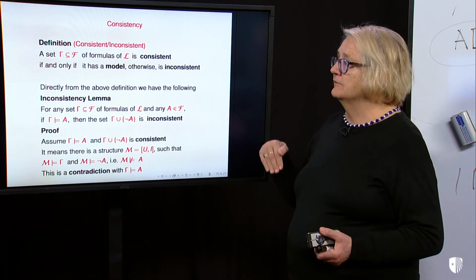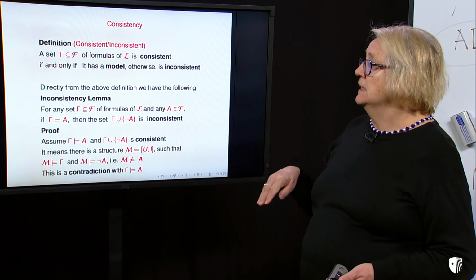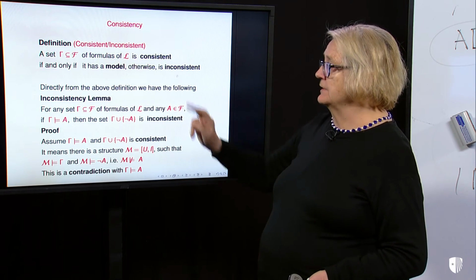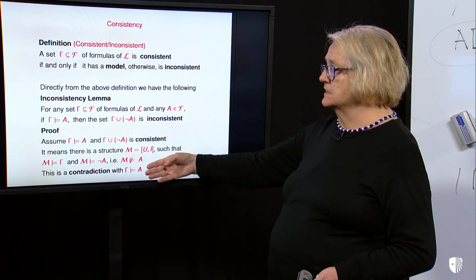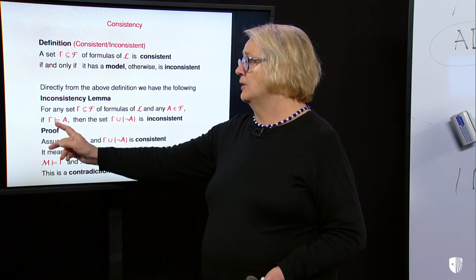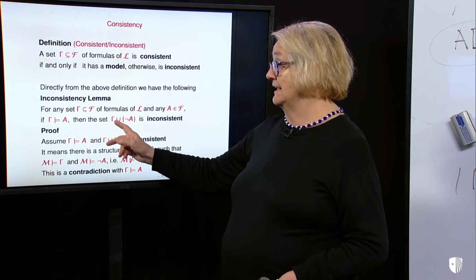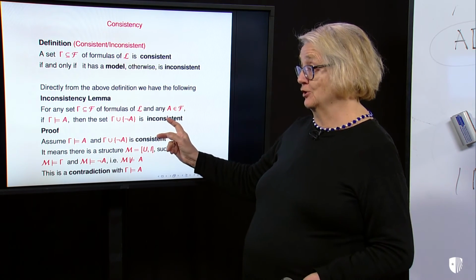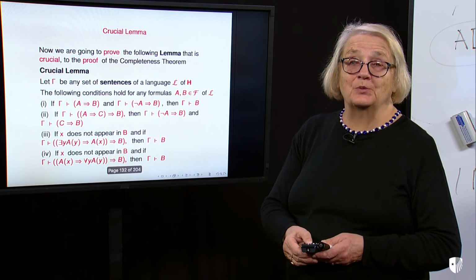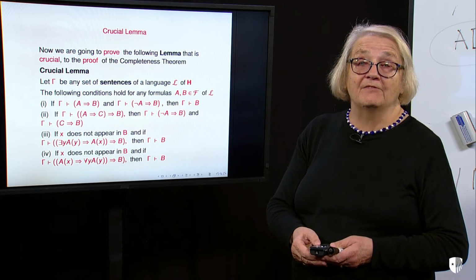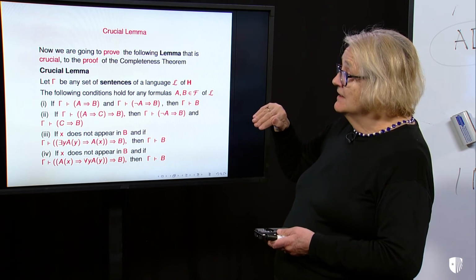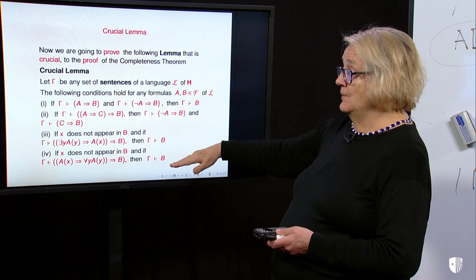Now I bring back the definition of consistency. A set of formulas is consistent if it has a model. So you have the inconsistency lemma: if gamma logically implies A, then the set gamma union not A is inconsistent. You see, we already had those extensions, so we can remodel everything into what we already said in terms of gamma.